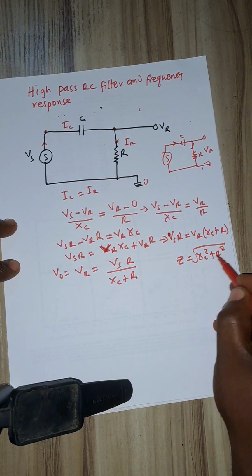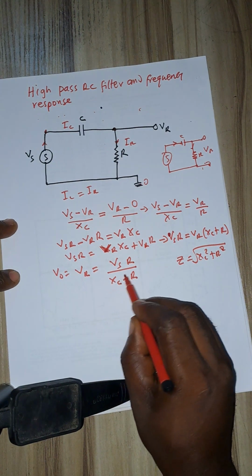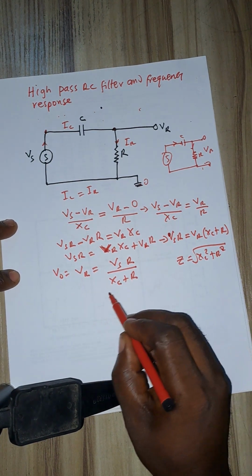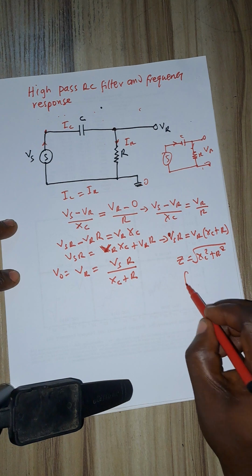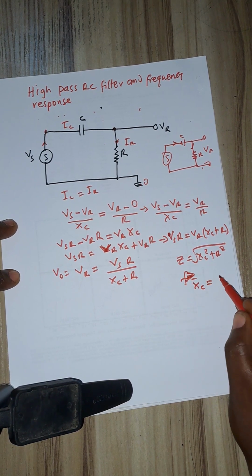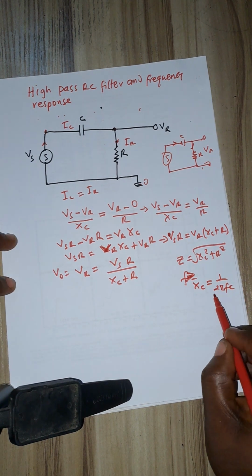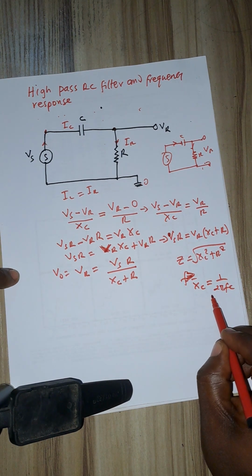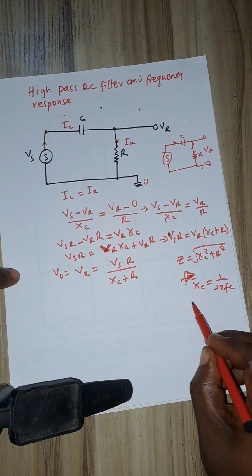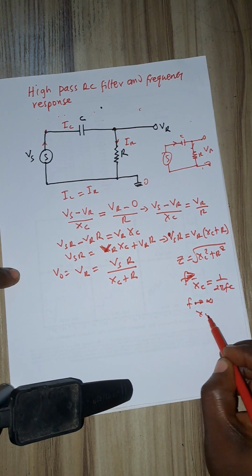Now if you look at this, we know from physics that capacitive reactance is 1 over 2 pi F C. Now if frequency is high, Xc is 0.